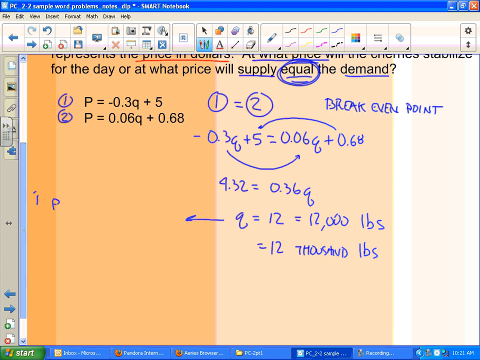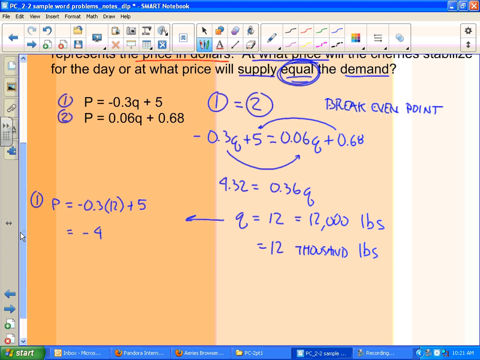So using equation 1, for example, we got negative 0.3 times 12,000. So here's where you got to be careful. If I did that, I'm going to have a little different problem. We actually want to just use 12 because we're talking about in thousands of pounds. Plus 5 here. So I get a third of 12 is 4.